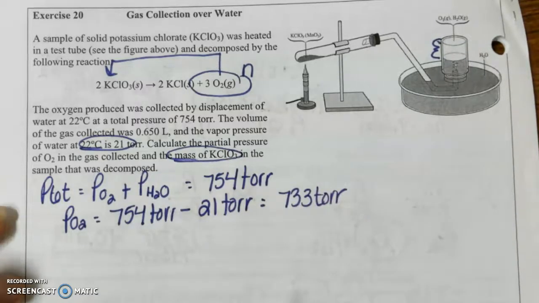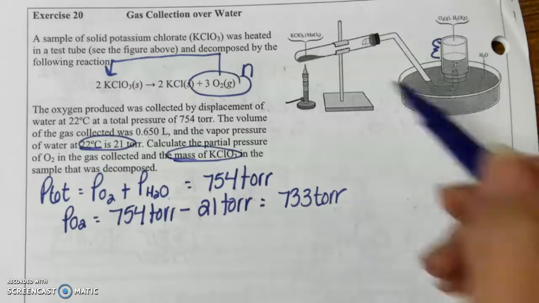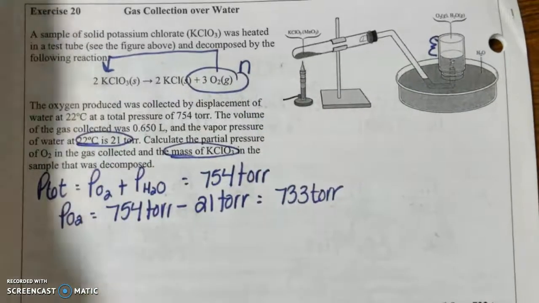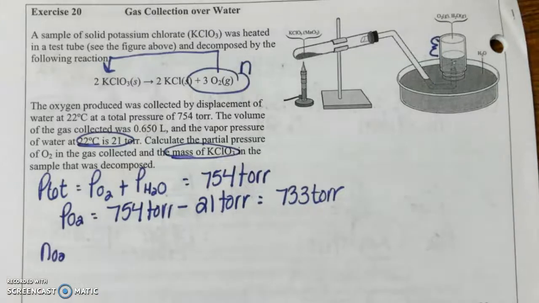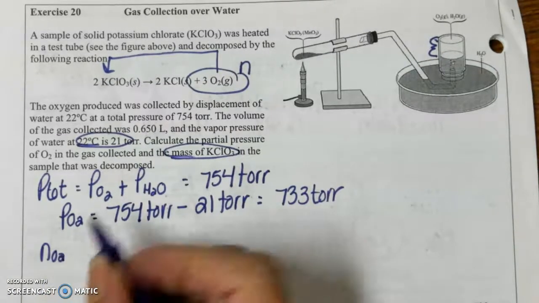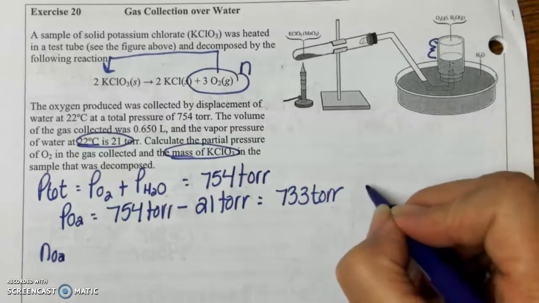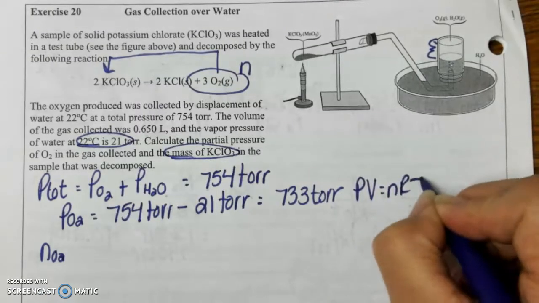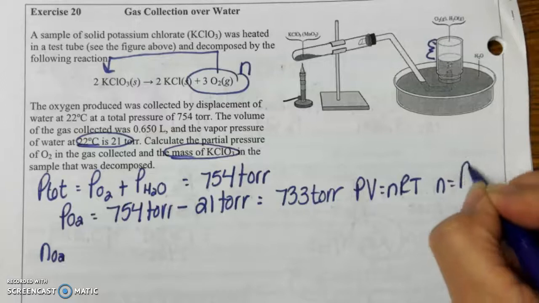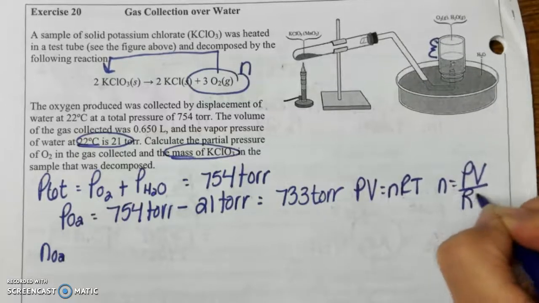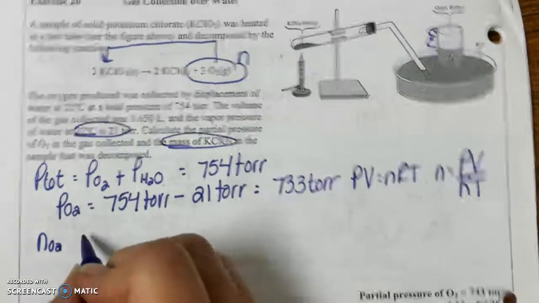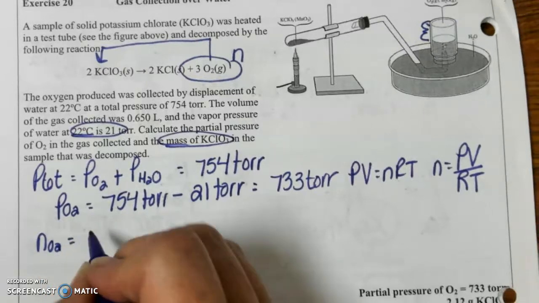Okay, so now what I want to do is I'm going to calculate how many moles of gas. Remember, that's what we want. We want moles of gas collected. So what I'm going to do is I'm going to calculate my moles. I'm going to use PIVMR to do this. So N is equal to PV over RT. So let's do that. N, so what is my pressure?